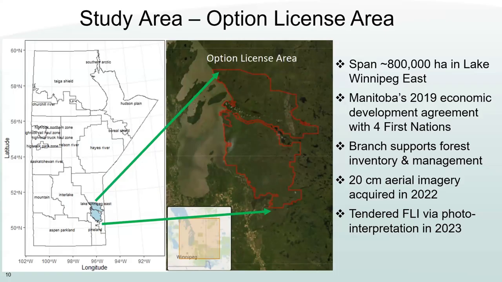Now it's called the Forest Development Agreement area in the southeast of the province, about 800,000 hectares. There's some interest there for economic development related to First Nations. We also flew some 20 centimeter imagery, and we're getting that traditionally interpreted to the FLI standard. So it seemed like a good fit to try this process again for that area.